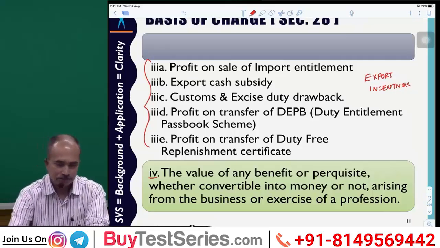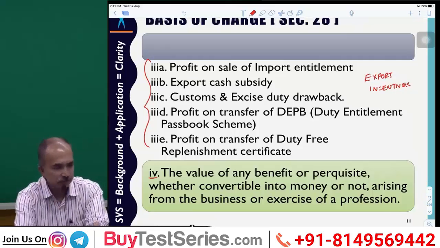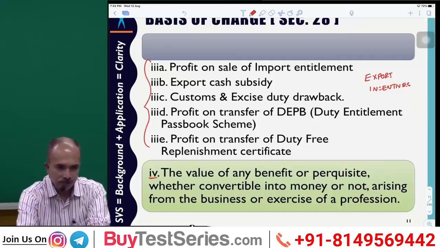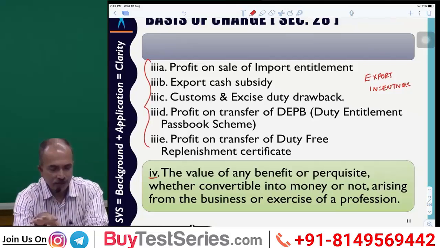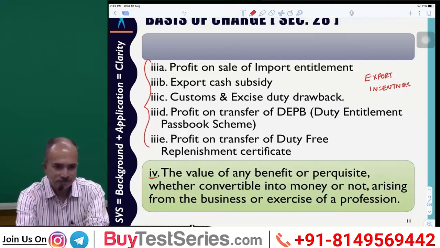Let us say I am a businessman. My supplier gives me a scheme. He says this is the month of September, off season hai. If you buy 25 lakh rupees of goods from us in this month, 50 lakh of goods in this month, whatever target they will give you, then you will get a 4-day trip to Singapore free of cost.